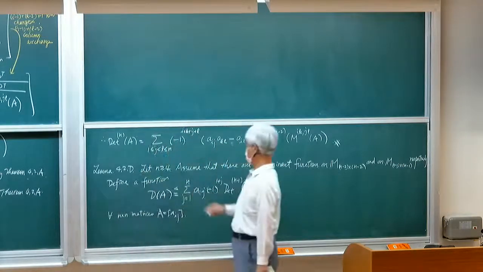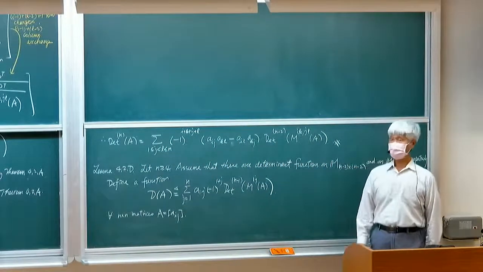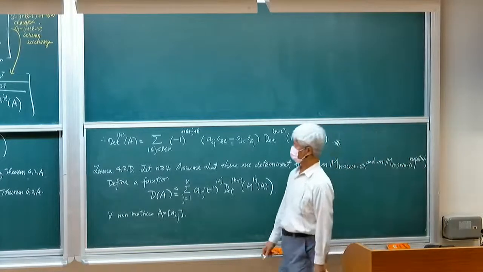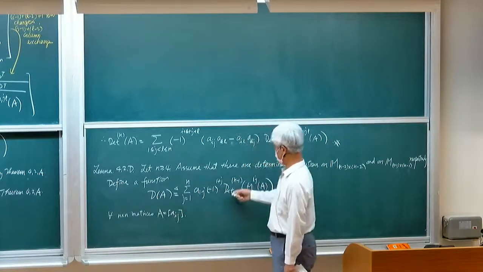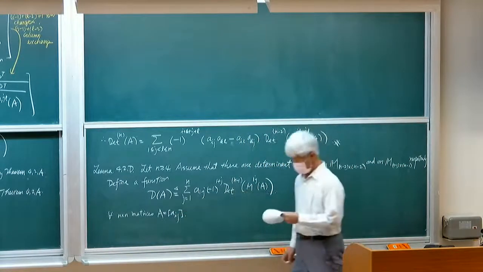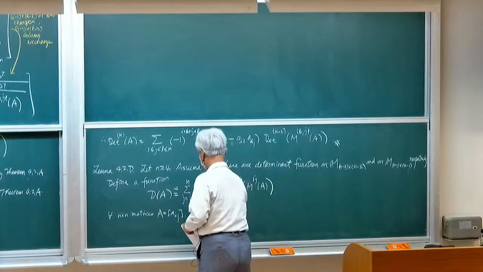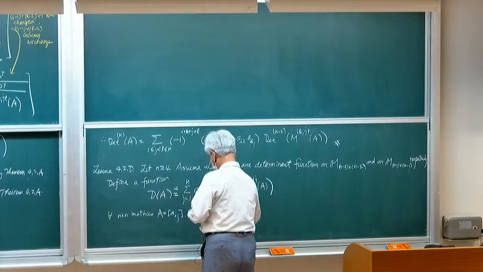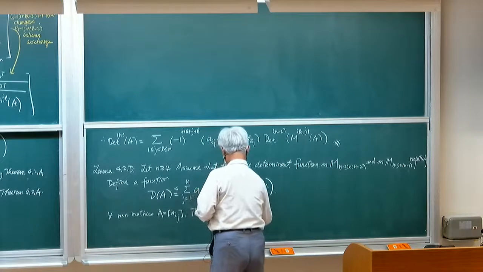So it's a function on all n times n matrices. Then we will show that this function D is a determinant function.